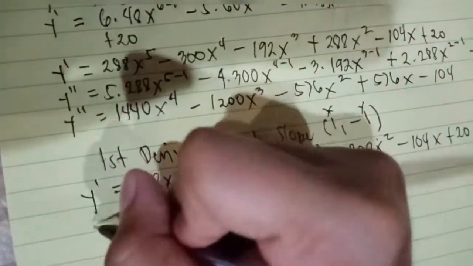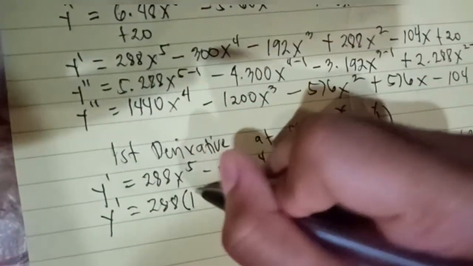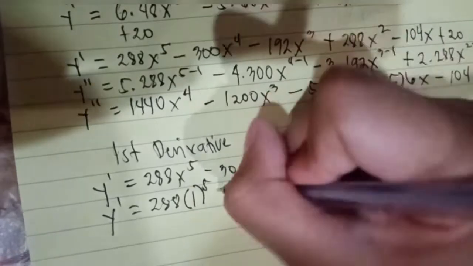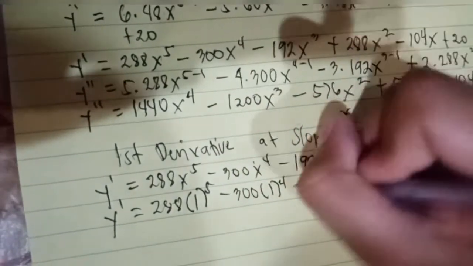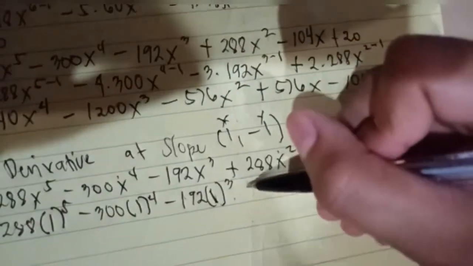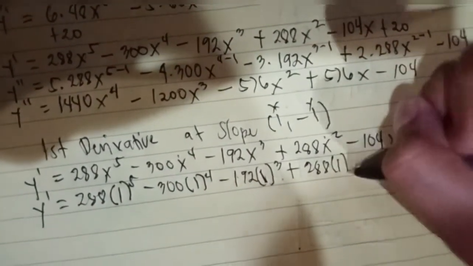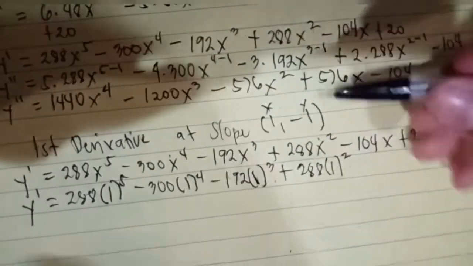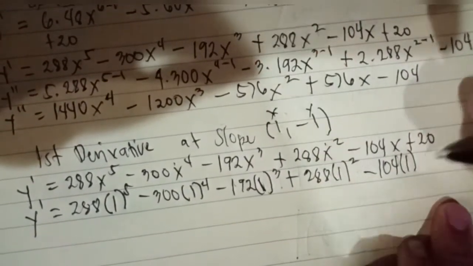So y prime is equal to 288 times 1 raised to the power of 5, minus 300 times 1 raised to the power of 4, minus 192 times 1 raised to the power of 3, plus 288 times 1 raised to the power of 2, minus 104 times 1, plus 20.